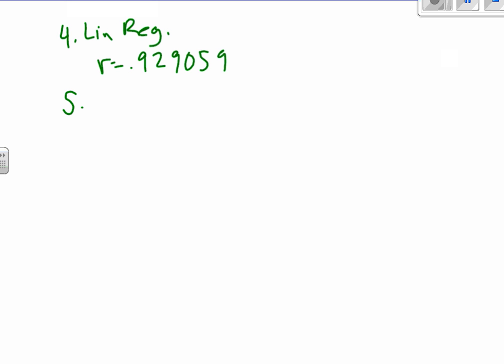So number 5, did you get that? Yeah. And so actually, Amy, just start with this next one. The next one you're going to do is number 5, quadratic. And on this one, it's going to give you R squared.